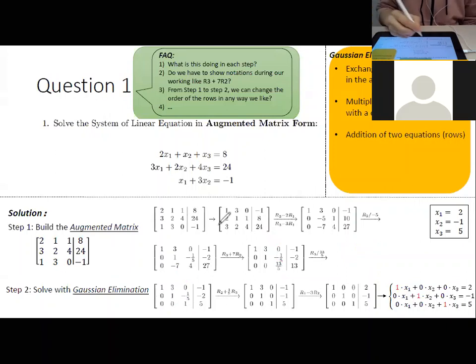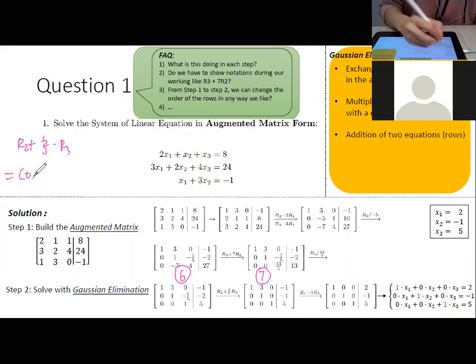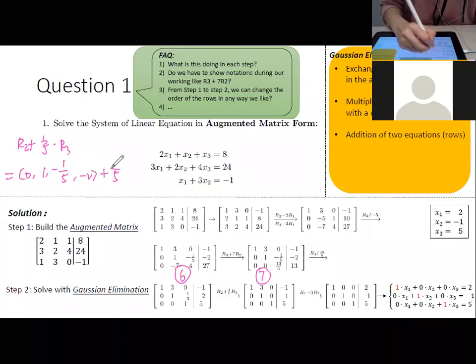This is matrix 6. This is matrix 7. And on this arrow, the notation is R2 add 1 over 5 times R3. So we take the second row of matrix 6, which is 0, 1, minus 1 over 5, minus 2, to add 1 over 5 times the third row of matrix 6, which is 0, 0, 1, 5.